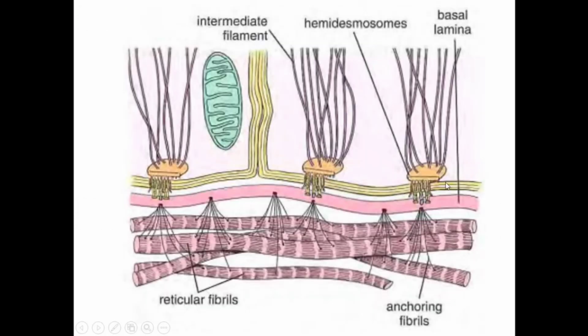We have this junction in the basal part of epithelial cells. You can see 3 hemidesmosomes here. There are also 2 cells here attached to the extracellular matrix by these hemidesmosomes.